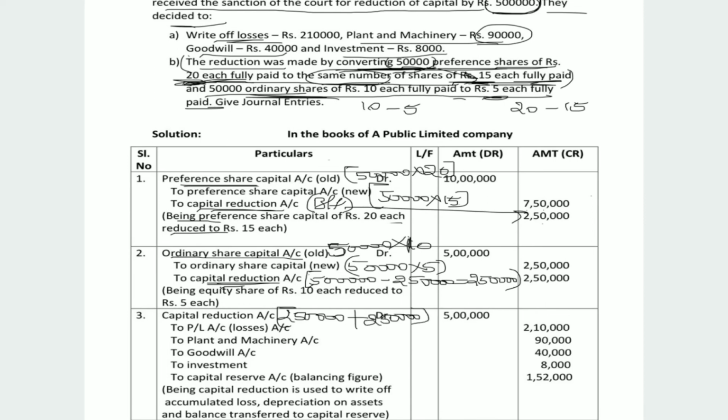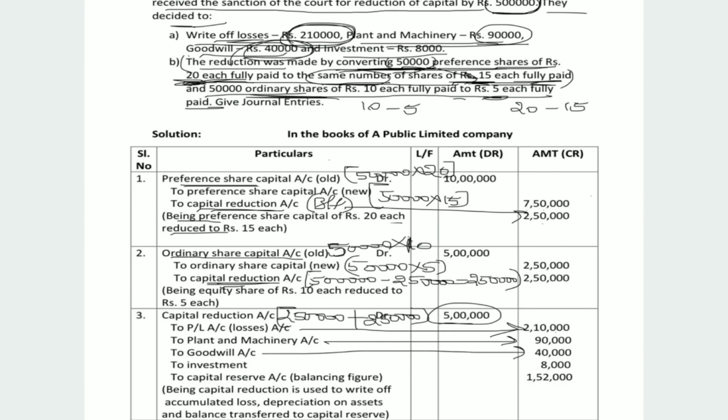So the total value that we have in the capital reduction account is 5 lakh rupees. Now let us try to write off the values which we have here. First of all, we have losses of rupees 2,10,000. Let's credit it to profit and loss account, 2,10,000. We have plant and machinery to the extent of 90,000. So to plant and machinery account 90,000. We have goodwill of 40,000. So to goodwill account 40,000 and investment of rupees 8,000. So to investment 8,000.